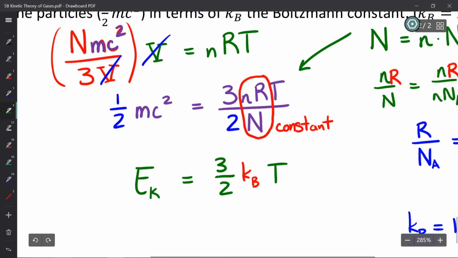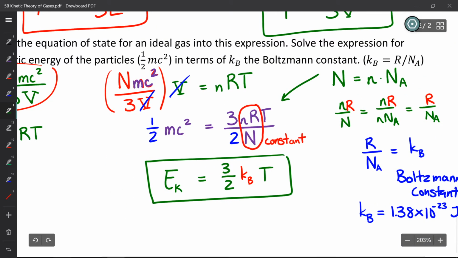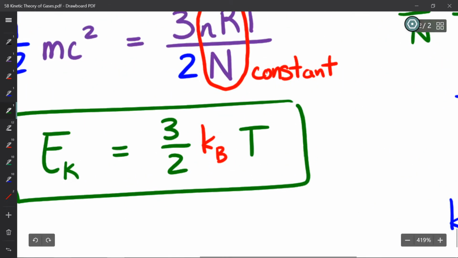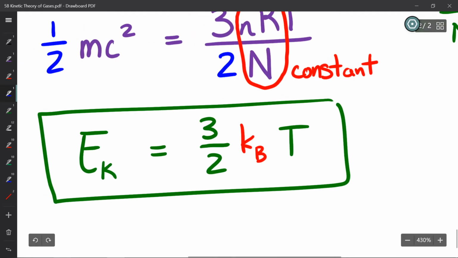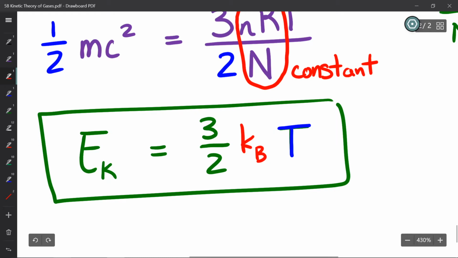This equation is called the Boltzmann equation. It says that the macroscopic property we know as temperature is proportional, and this is your proportionality coefficient, to the kinetic energy of the particles. That makes a lot of sense, right? If the particles move with a greater kinetic energy, that's because they have a greater temperature.